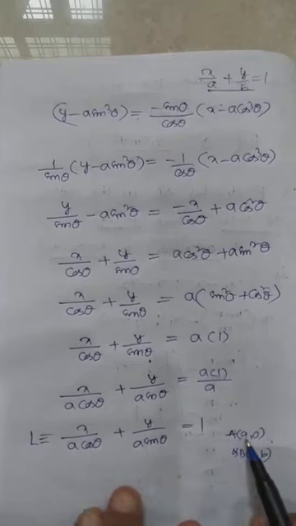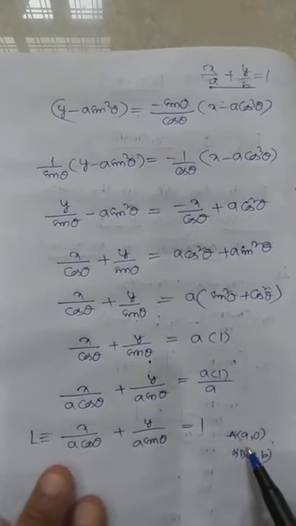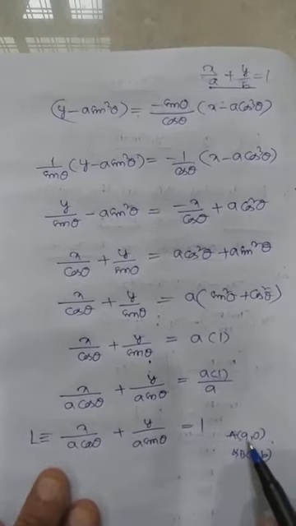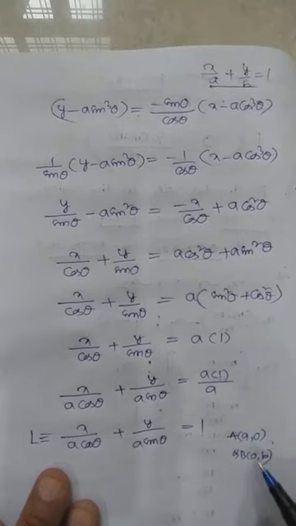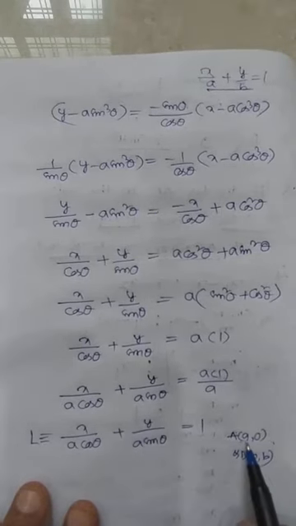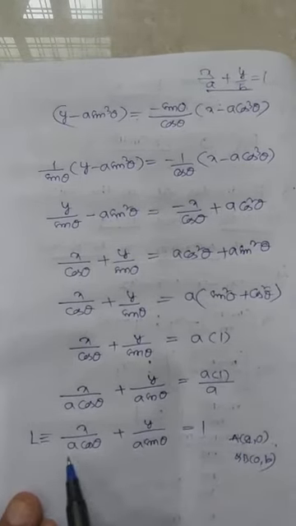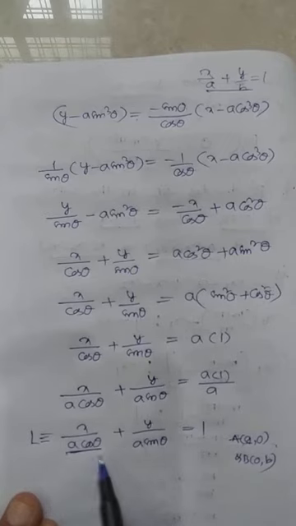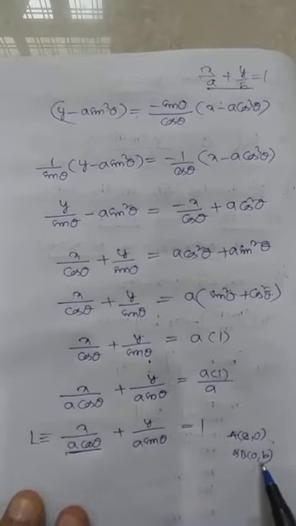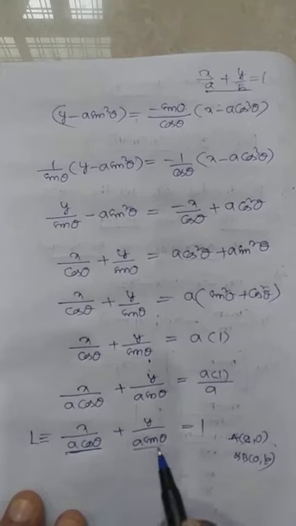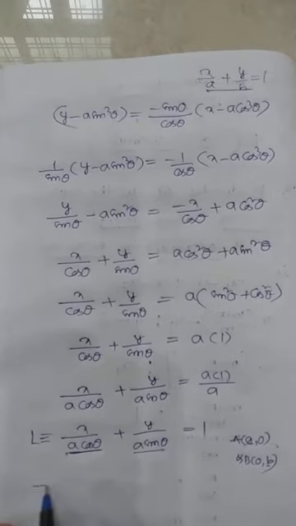This a is different from that a, we are just assuming it as a. So this a indicates the denominator term of x, and here this b indicates this term. So we got the A and B points here.